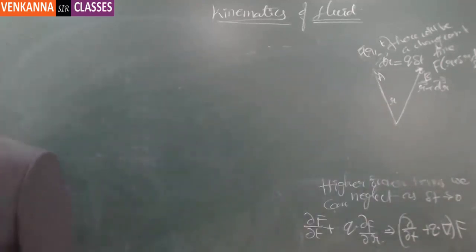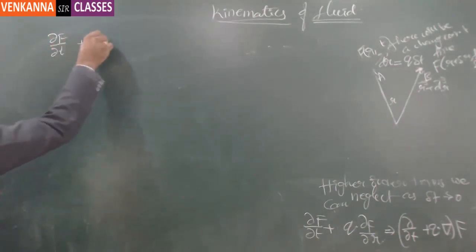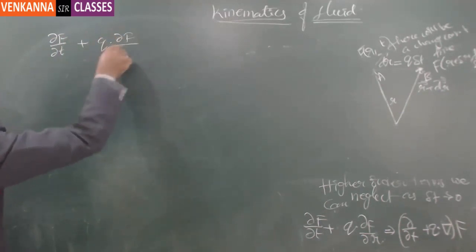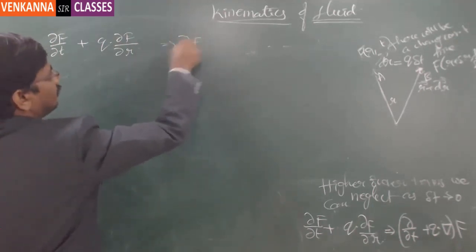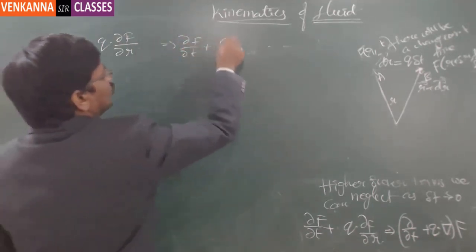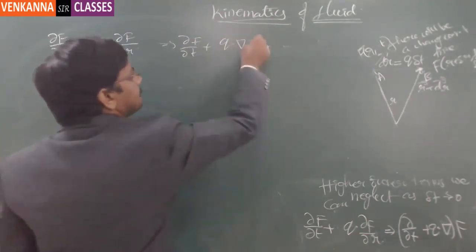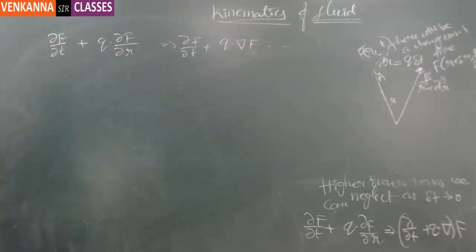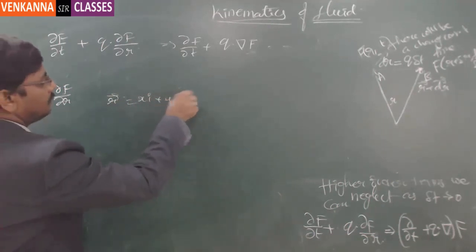Now see this equation, that is dou f by dou t plus q dot dou f by dou r is written as dou f by dou t plus q dot del of f. So these two are equivalent to each other. Here r is nothing but the vector xi plus yj plus zk.